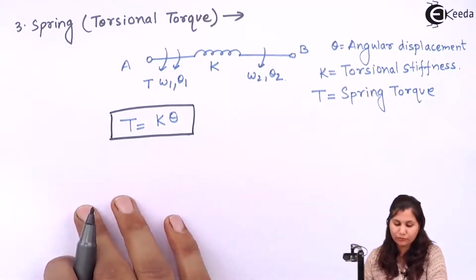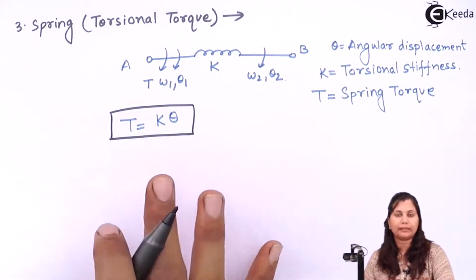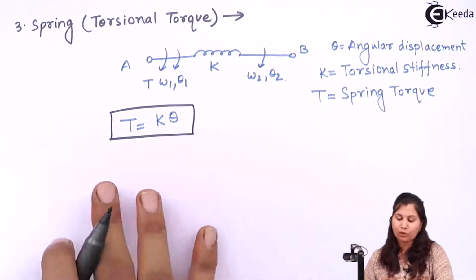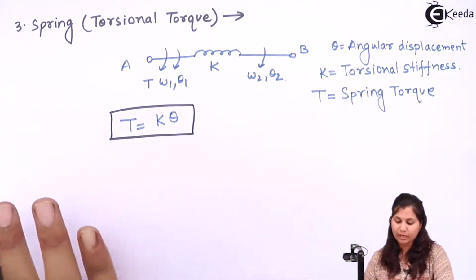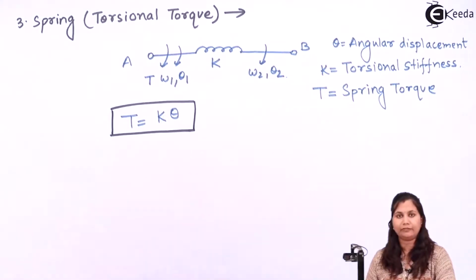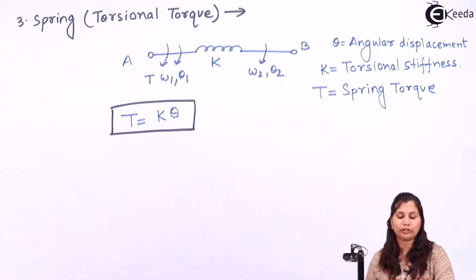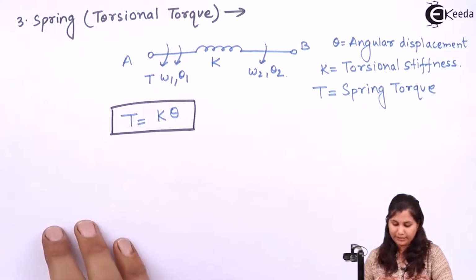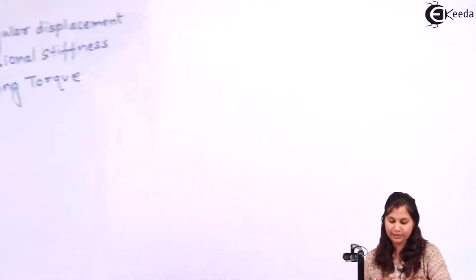So if we want to find out how we will mathematically represent a rotational mechanical system, then we will consider all these three elements and then derive the mathematical model for the system. So let us study how we can have this.